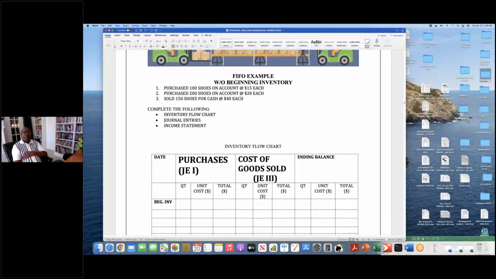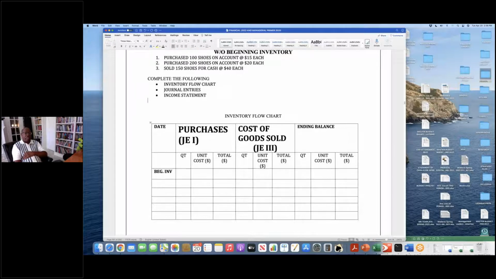We purchased 100 pairs of shoes on account at $15 each. So what's the total cost of these shoes? $1,500.